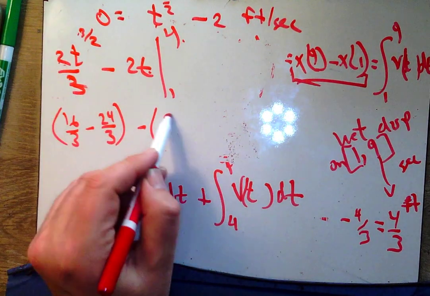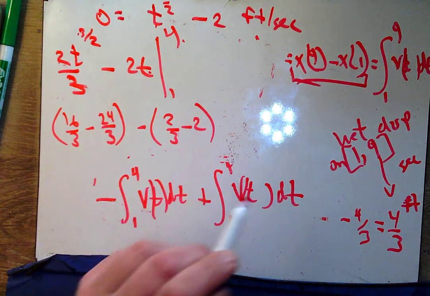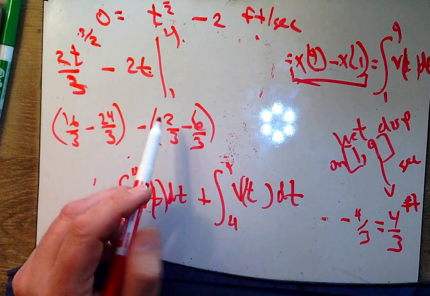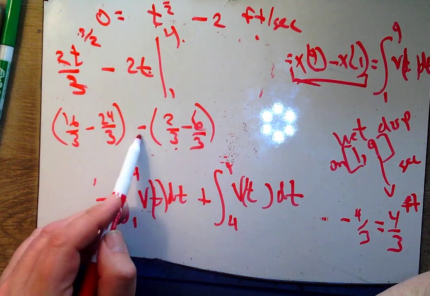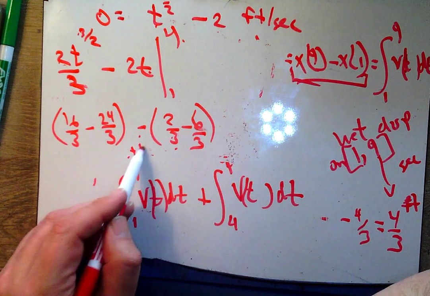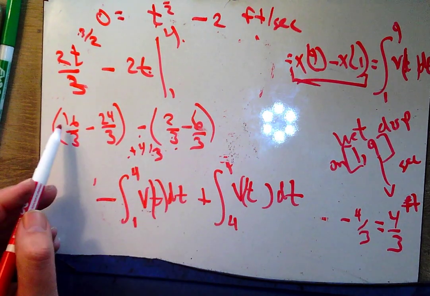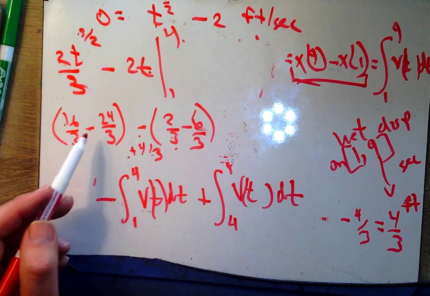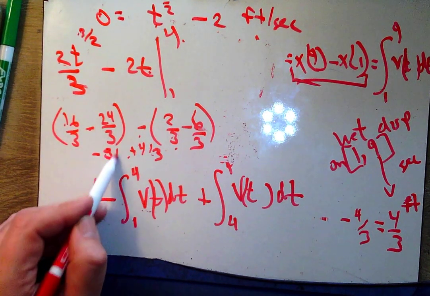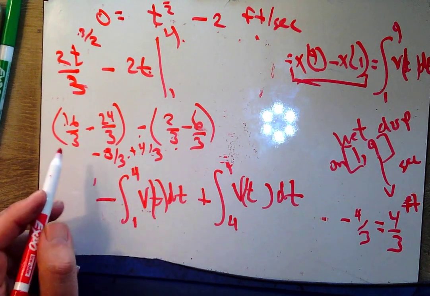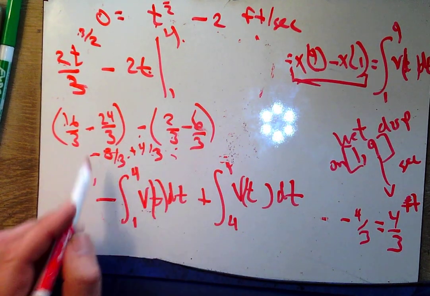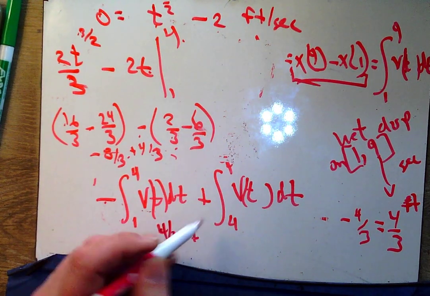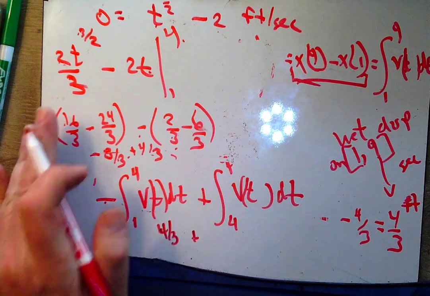So I'm going to get 2/3 minus 2. 2 is 6/3. Okay, that's going to be negative 4/3. Minus is plus 4/3. And over here, 16 minus 24 is negative 8/3. And so when I add those together, I have negative 4/3 with a negative. So this is 4/3.